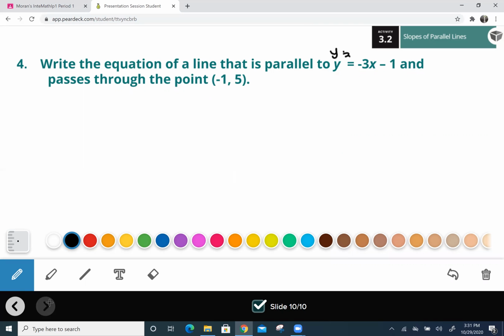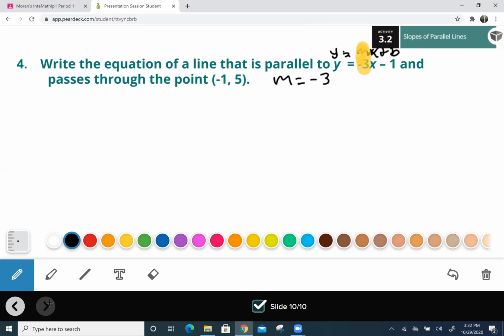If you write y equals mx plus b on top of it, you're going to see that m is negative 3. We don't have to look for it, we just have to identify it. So m is equal to negative 3.